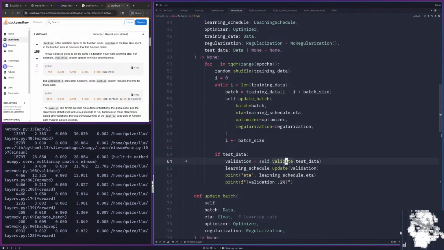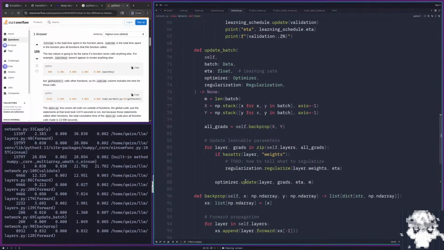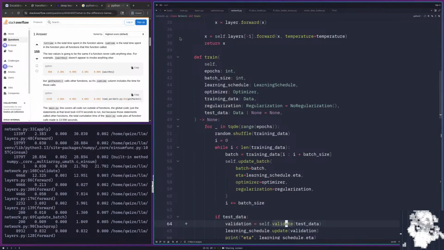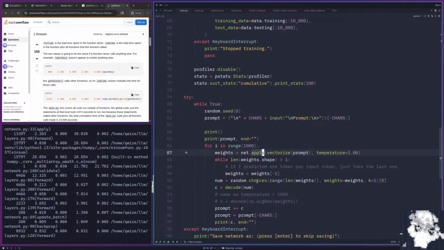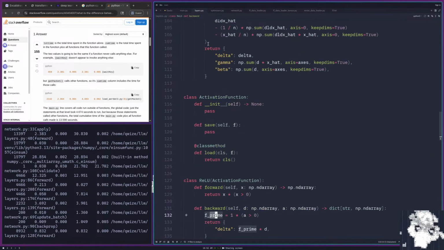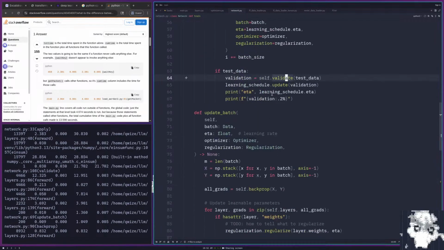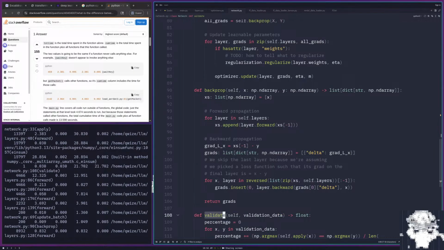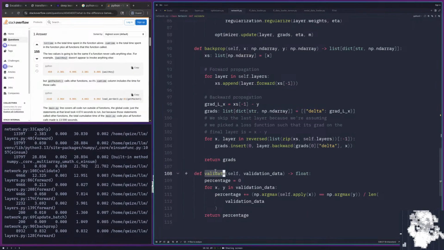So we should do a whole epoch before we validate once. And it's not like validate is doing anything that different.